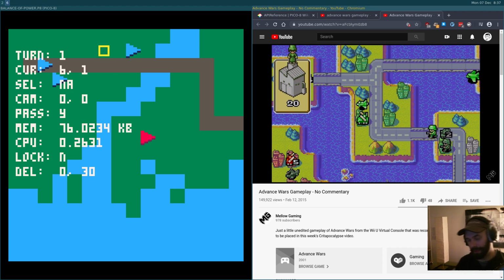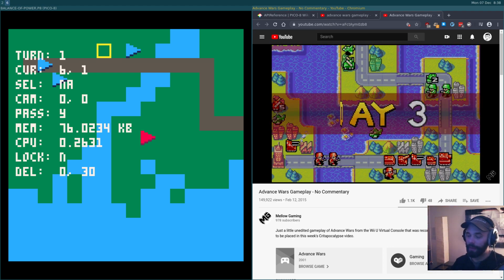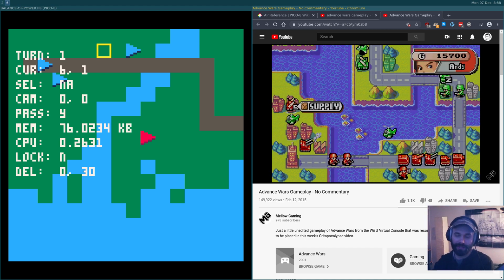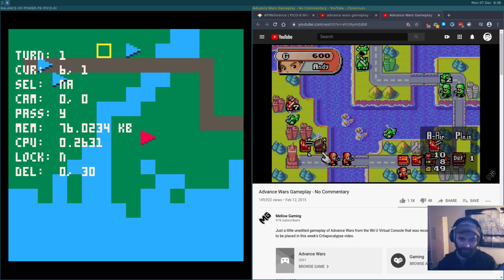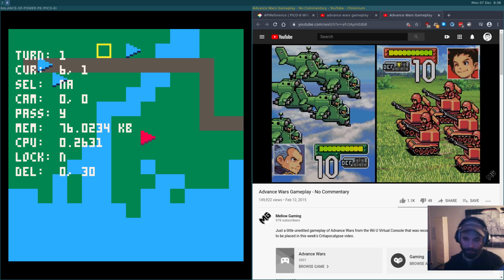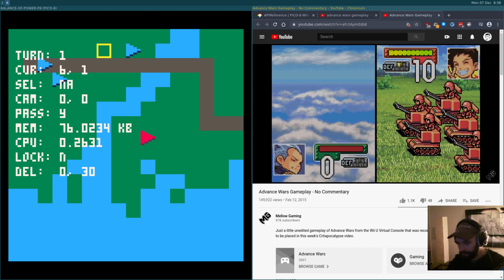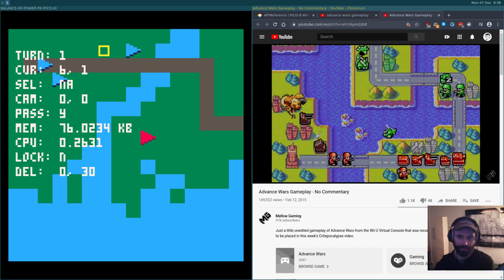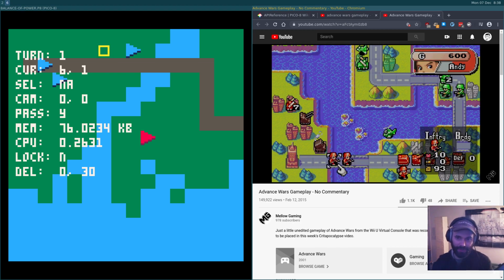Even if we only animate water or something, because we have three constraints really. One constraint is the compute power of Pico 8, which so far doesn't seem like we're running up against that limit. Second constraint are the native artistic limitations of Pico 8.